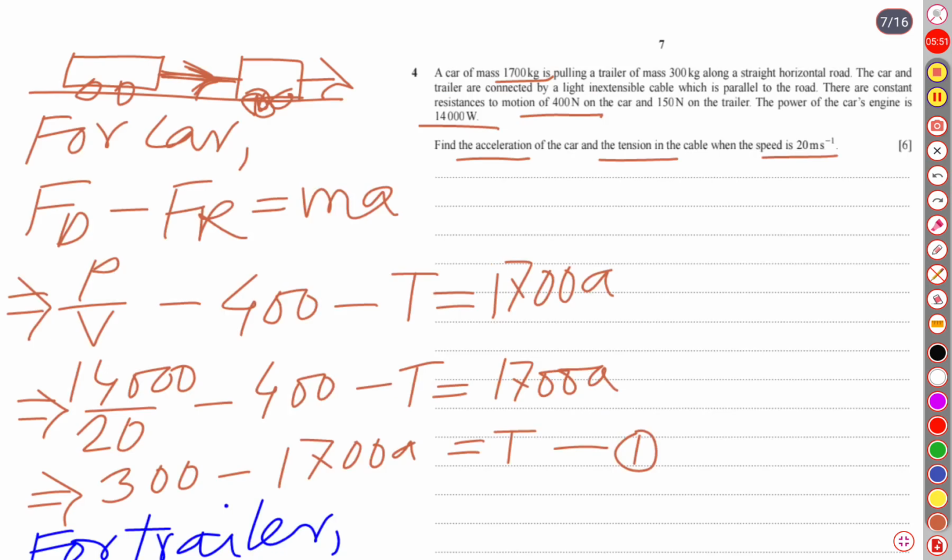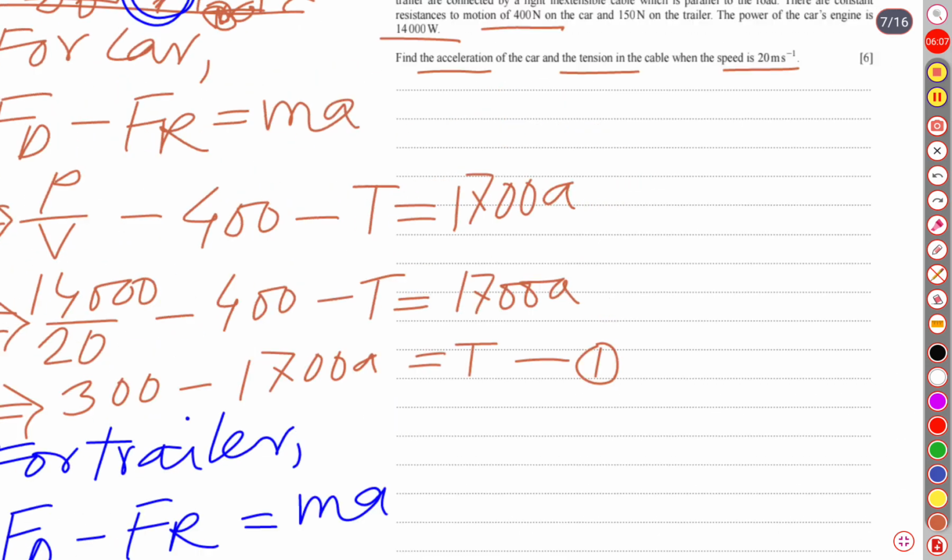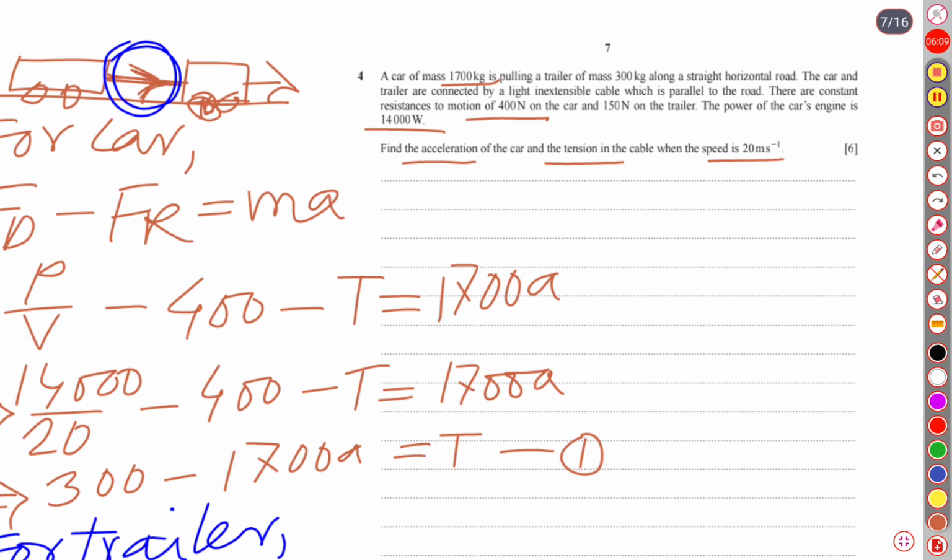Only this cable is having the driving force in terms of the trailer, because the trailer is being pulled forward by the tension. So tension is the only driving force, tension minus, there is only one resistance to motion which is constant as given in the question, which was 150 Newton.